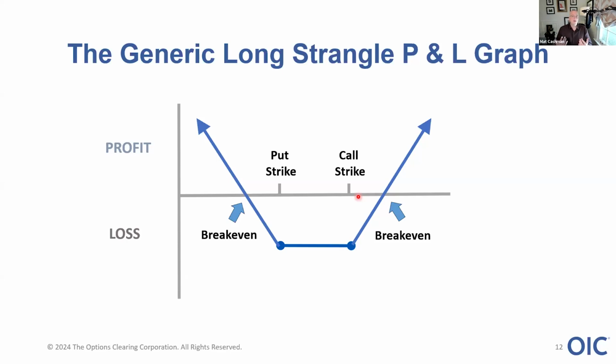What's your break even on this trade? Your break even from the long side is always going to be the put strike minus the total amount of premium that you paid for it, and the call strike plus the total amount of premium that you paid for the structure for the strangle. So in this case, if it were the 25-75 strangle and you paid $5 for it, your break even would be 20 to the downside and 80 to the upside.